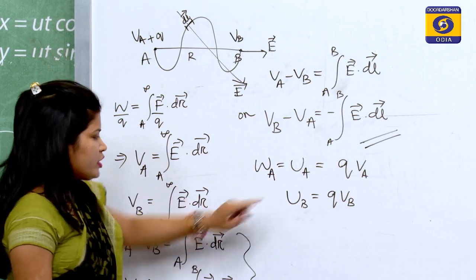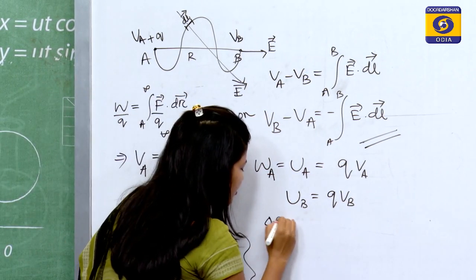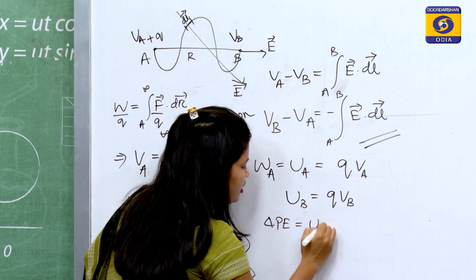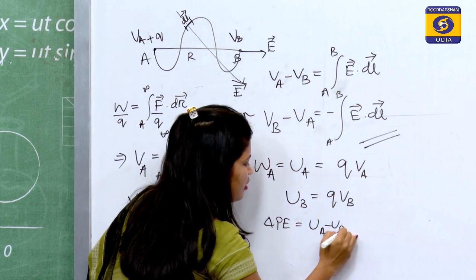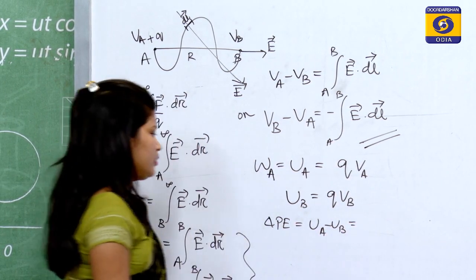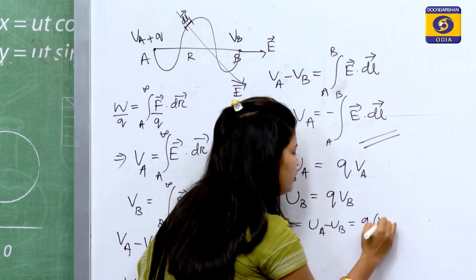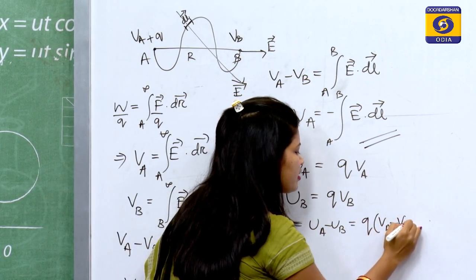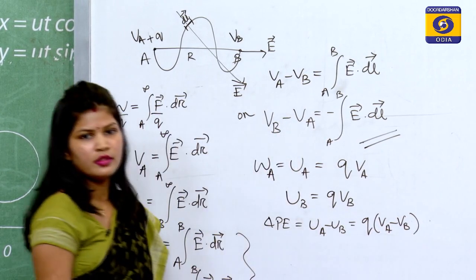So, the change in potential energy, UA minus UB, is equal to Q into VA minus VB.